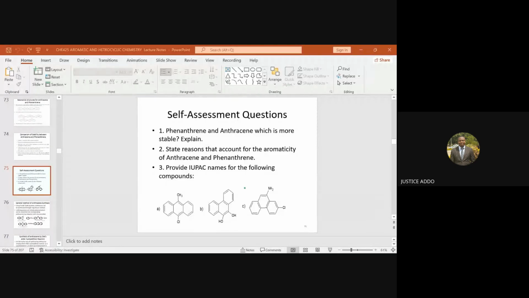No. You should be very conversant with your substituent names. In fact, we've been doing naming since the introduction to organic chemistry: organic substituents, inorganic substituents. So you should be very conversant with them. The substituent groups there are not oxo. They are not oxo.